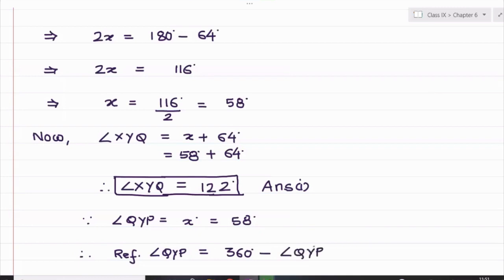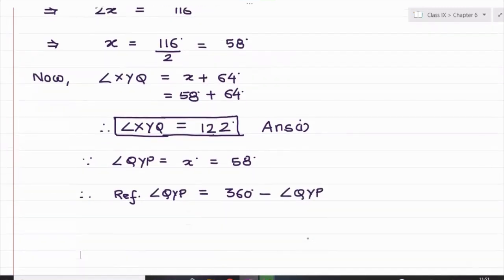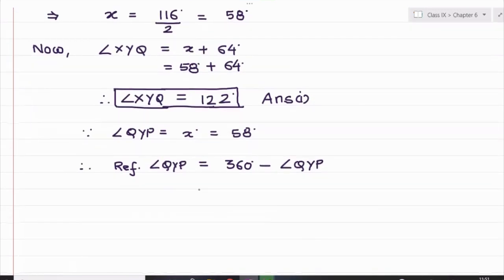Because if I want to find a reflex angle, the same angle I need to subtract from 360 degrees. So 360 degrees minus 58 degrees. So 360 minus 58, how much is it? Reflex angle QYP will be equal to 302 degrees. After subtraction it will come like this.